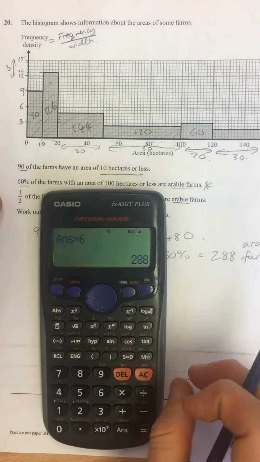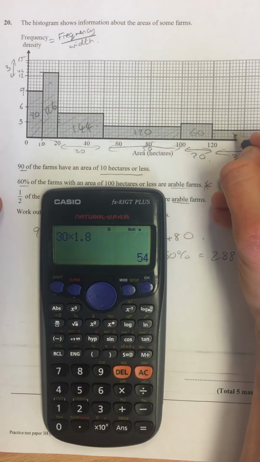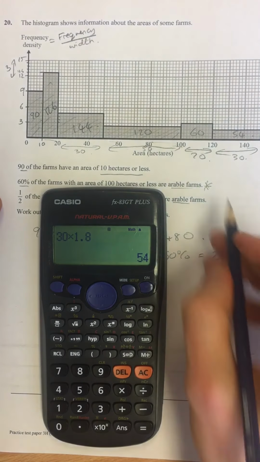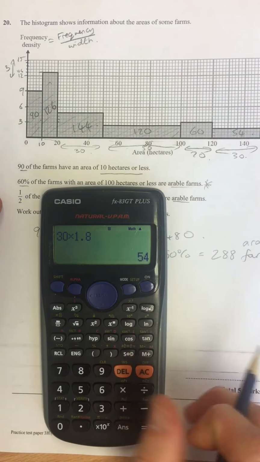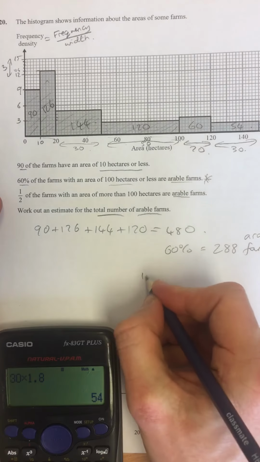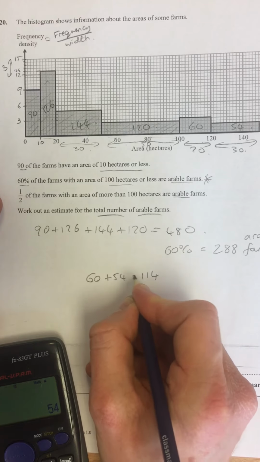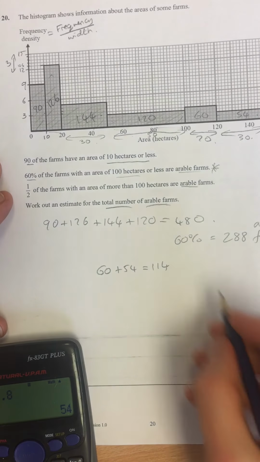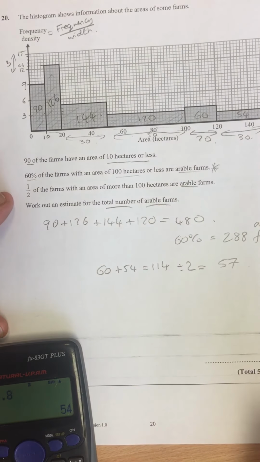So 30 times 1.8 is 54. So add those together, we can see that there are 114 farms with an area of more than 100. And we know that half of those are arable farms, that's 57.